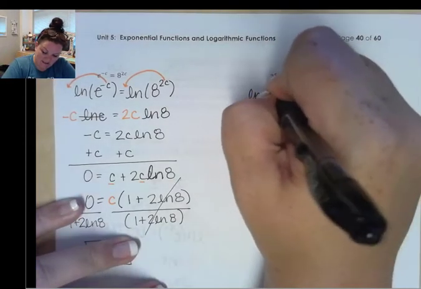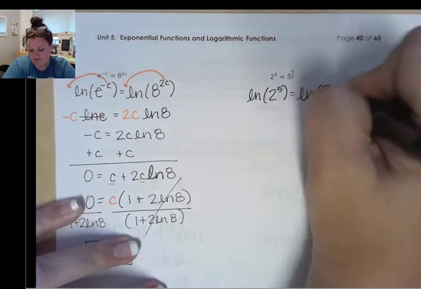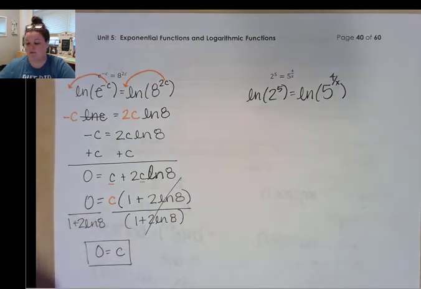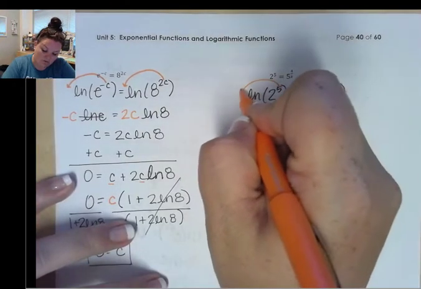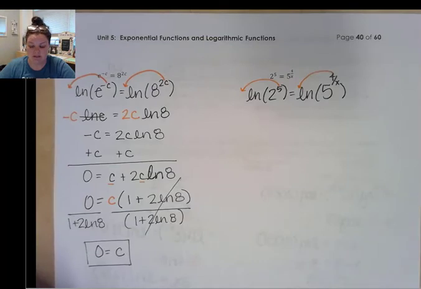So I have the ln of 2 to the 5th power is equal to ln of 5 to the 4 over x power. Okay. And the reason I'm inputting that log there on both sides is so I can then use the power rule of logs to bring down those exponents, right?